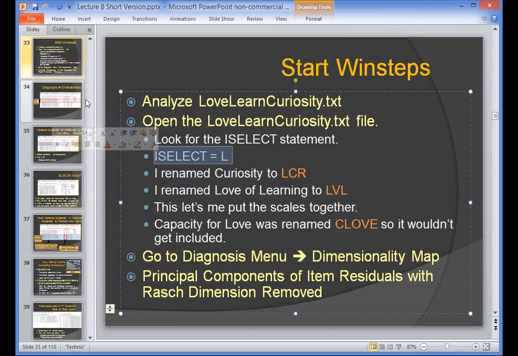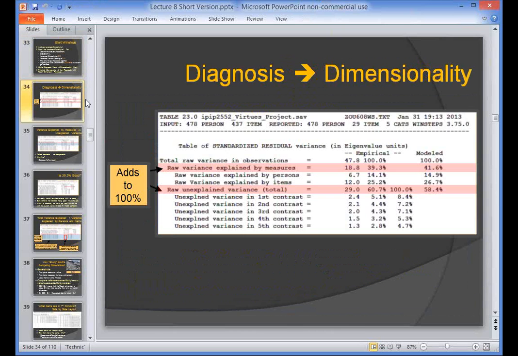All right? So the first thing that I do, I go to the diagnosis menu and look at the dimensionality output. Okay, so go ahead and do that. So that should pop up the results of the dimensionality analysis in Notepad, right?